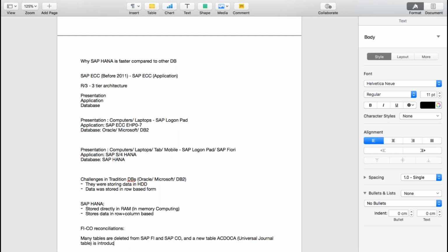Instead of storing the data at different places, SAP deleted more than 15-20 tables and came up with one new table called ACDOCA. All those deleted table contents would be available in one place now, that is ACDOCA, which will avoid reconciliation issues. Now your FI and CO will be reconciled from the design itself.